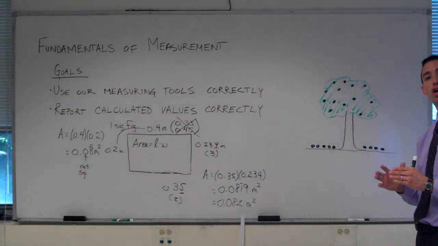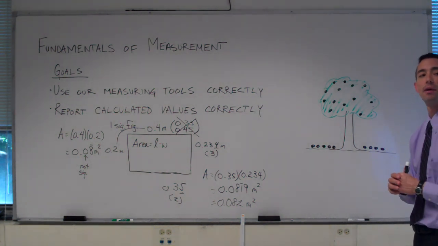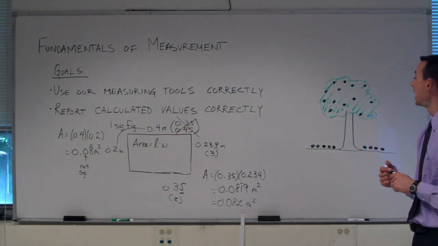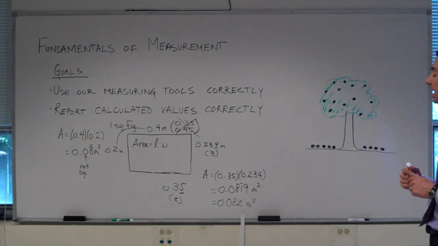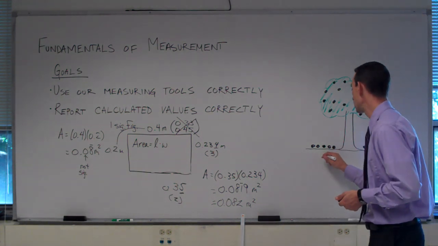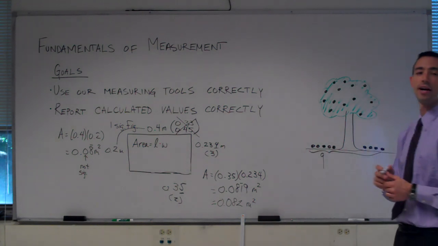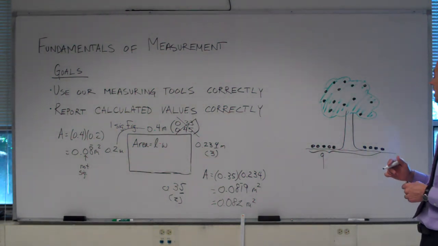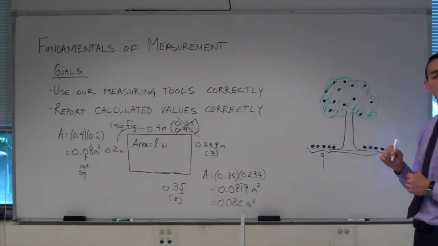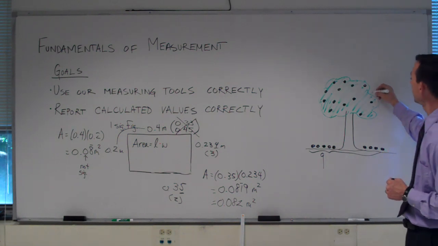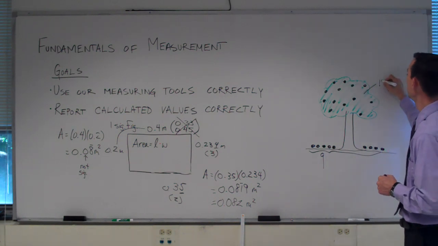Let's say we were charged with counting the pieces of fruit, and you counted the fruit that is on the ground. Well, it's pretty quick and easy to see that you have a total of 9 pieces of fruit on the ground. Okay?